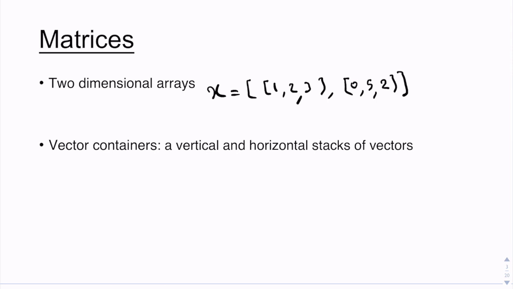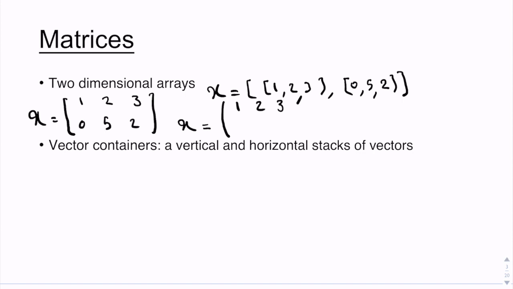So if I wanted to show this matrix in standard form, I use a large rectangular bracket and put 1, 2, 3 and 0, 5, 2. Or I can also use large parentheses, with 1, 2, 3 and 0, 5, 2. There is no need to put a comma between the elements.